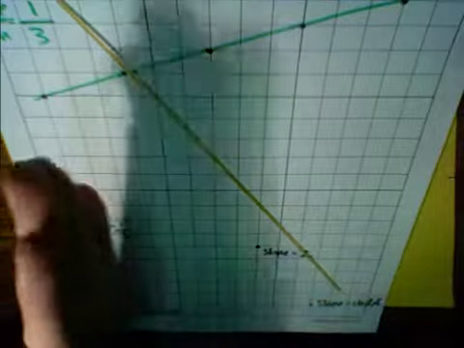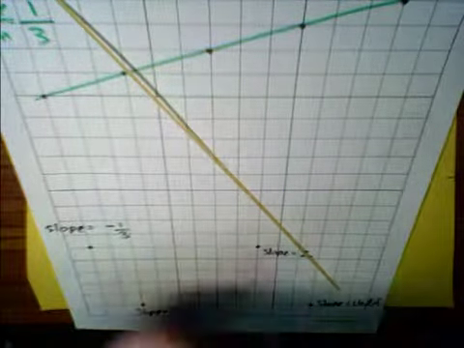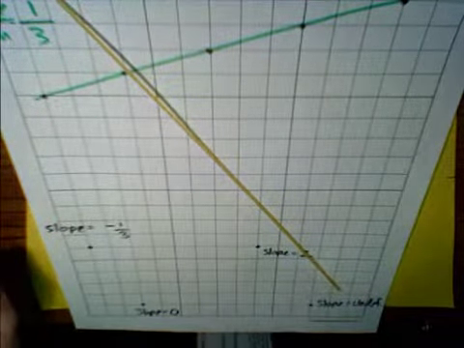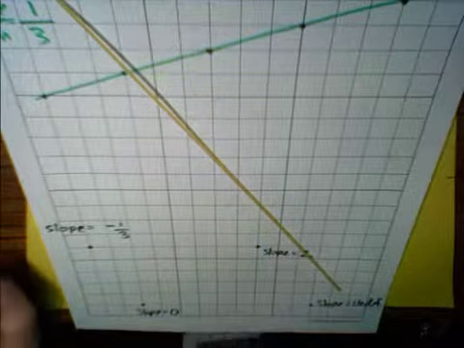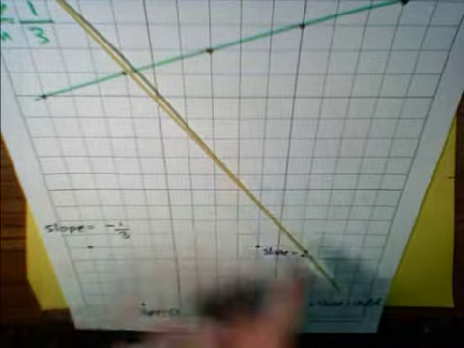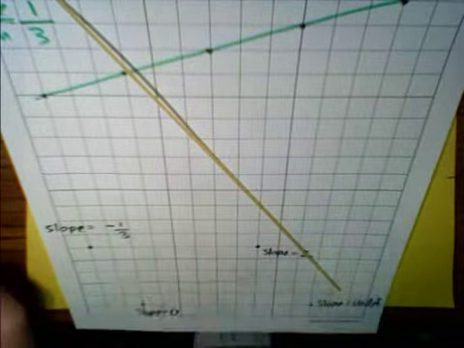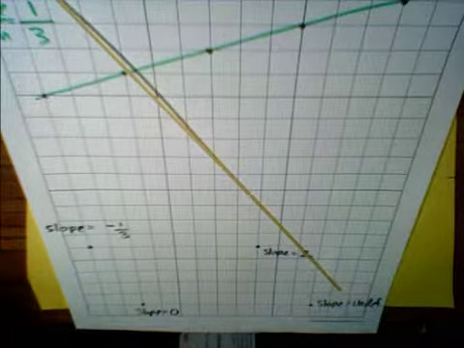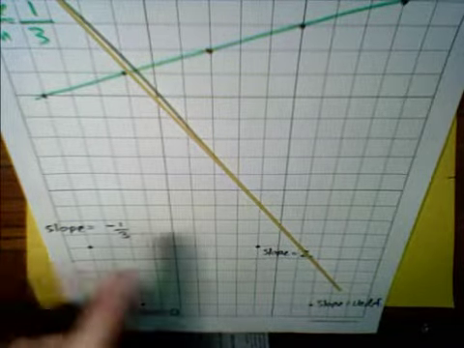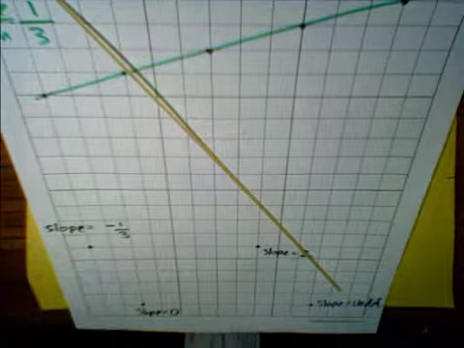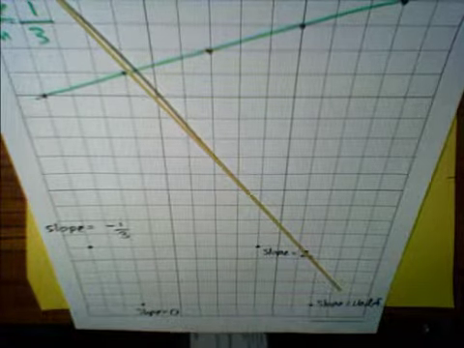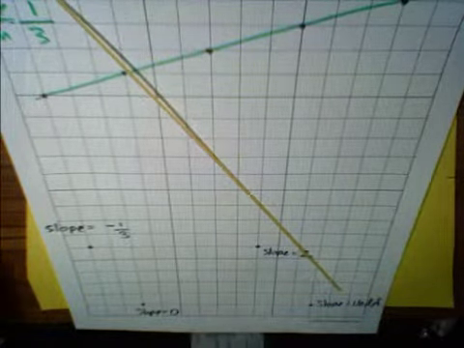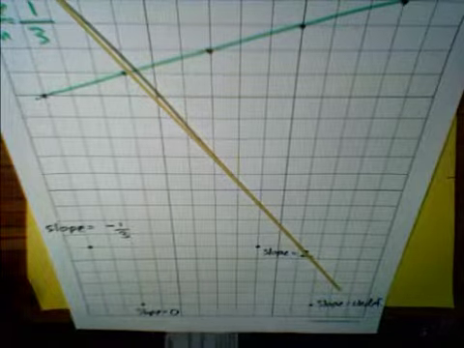Well, again, as we read this left to right, this is a downhill slope, which means that the slope will be negative. It is also fairly steep, so chances are this slope will be bigger than 1. And when I say bigger than 1, it's a negative slope, so it's going to have an absolute value bigger than 1.